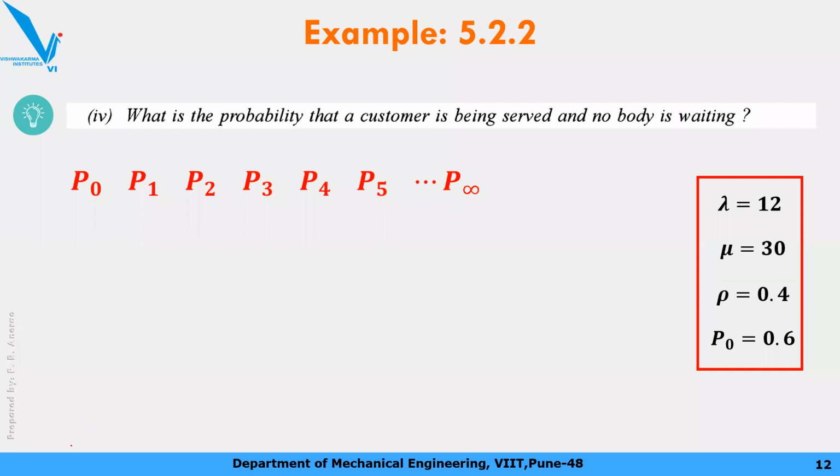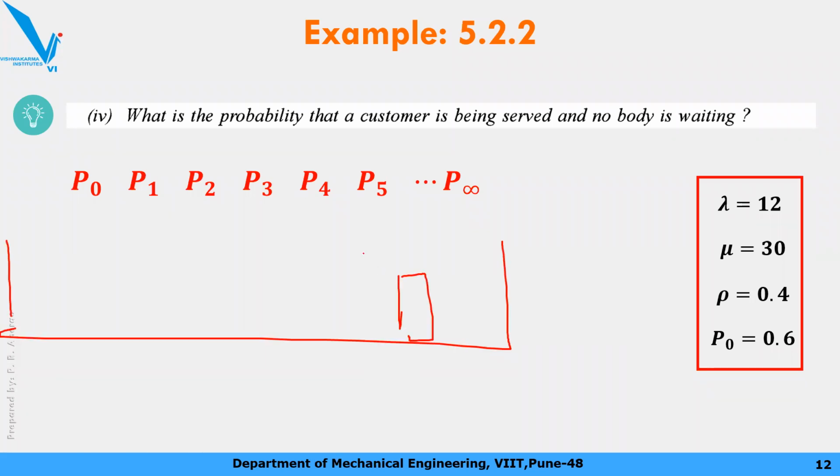So what we need to calculate, that the customer is being served, म्हणजे एक बंदा सर्व हो रहा है and nobody is waiting. So in the counter one person is present who is getting a ticket and nobody is present in the queue, कतार में कोई नहीं है.